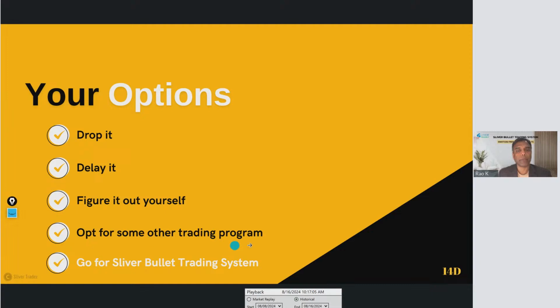You can opt for some other trading program. There are tons of programs available in the market that come in different sizes and flavors. But what we offer, I haven't seen anywhere else: we provide education, we provide the automated software, and we provide the funding. Other companies or trading programs provide one or the other, many times not even two. But we provide all three, at a cost that no one can beat.